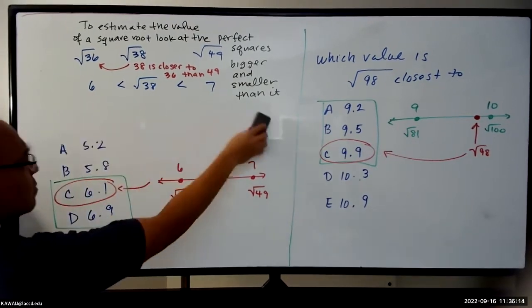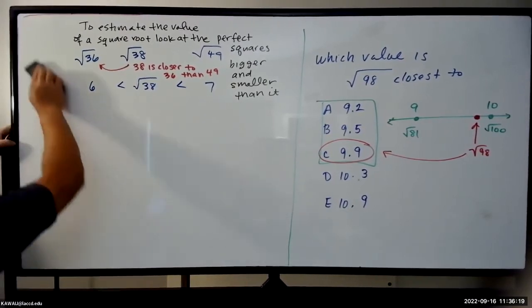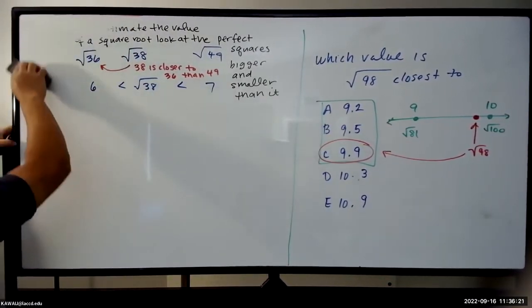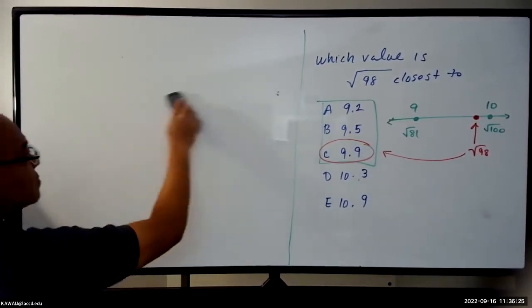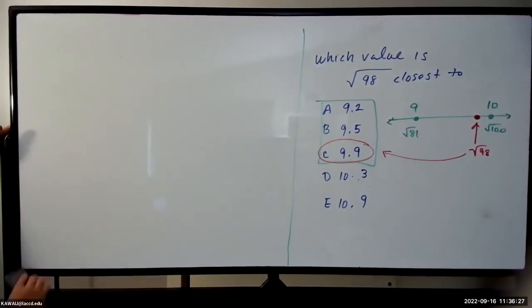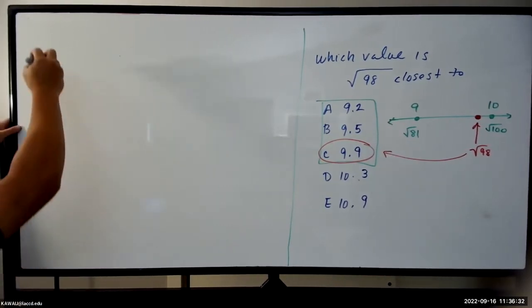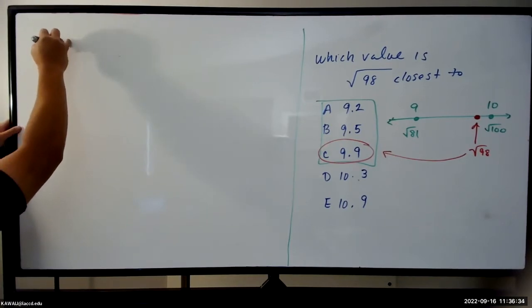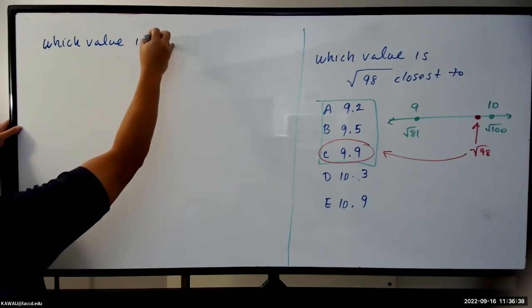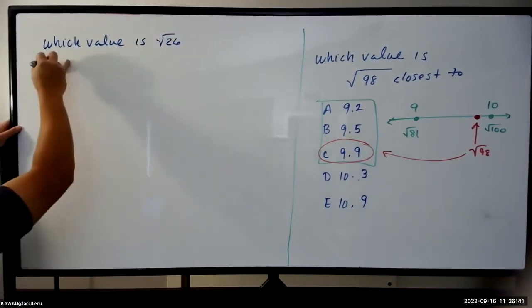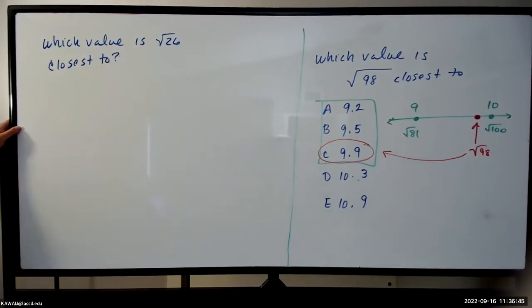So let's take a look at this. Which value is square root of 26 closest to?